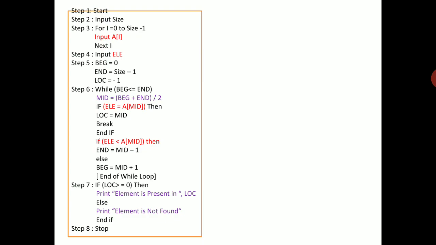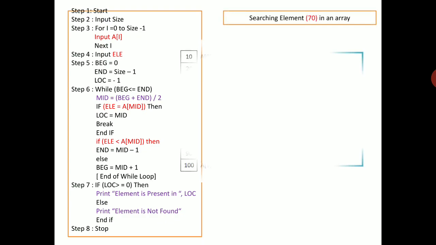Here we have its algorithm. Let us discuss it briefly. As I already mentioned, it is not as simple as linear search. It is a little bit complex, but we are going to understand it step by step. We will imagine an array, and I will tell you what we are trying to do here.